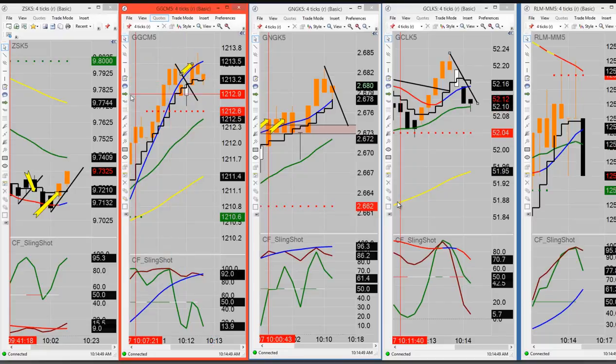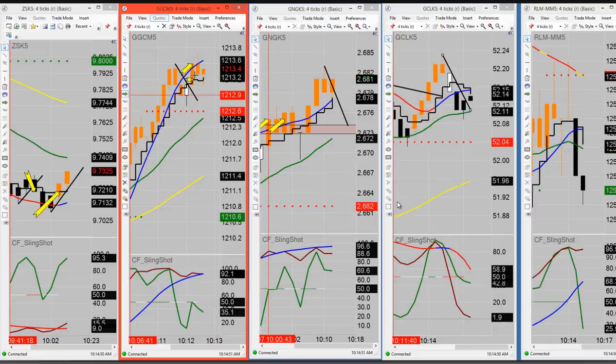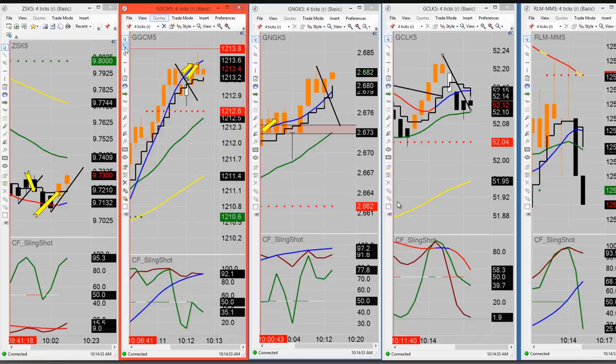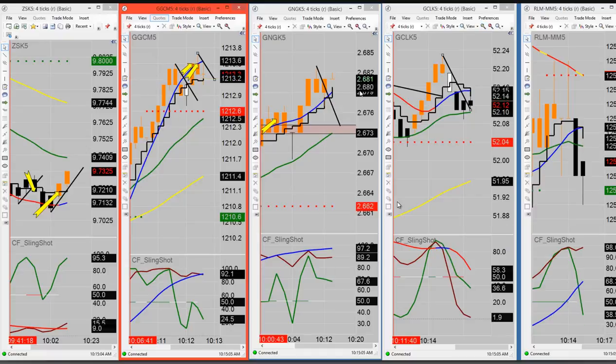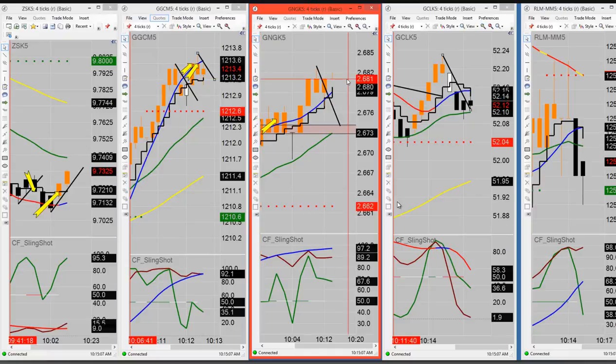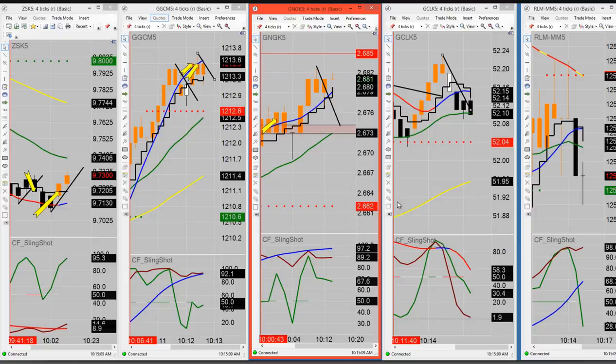The gold is setting up another trade right now. And natural gas, it's setting up again. 681 is low, 685 would be the high on that.